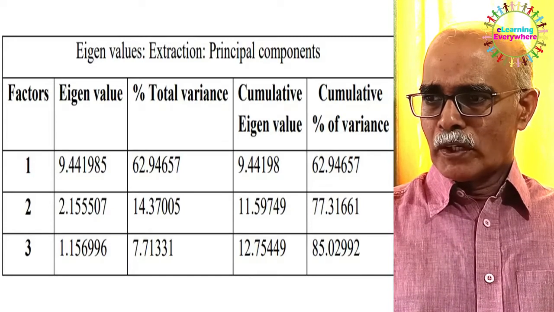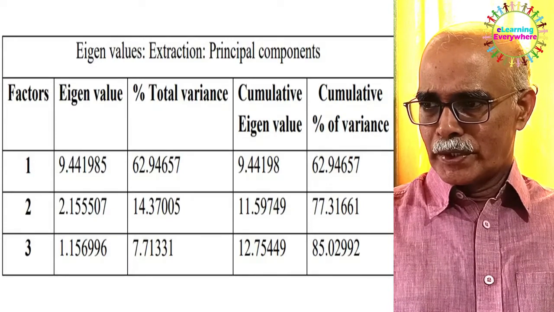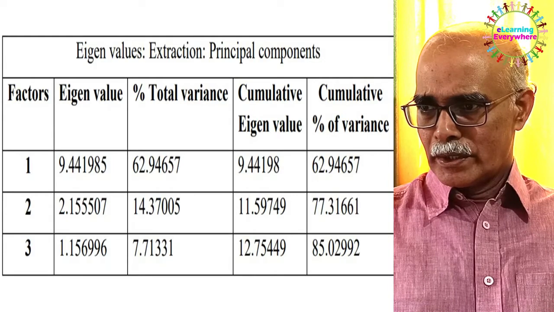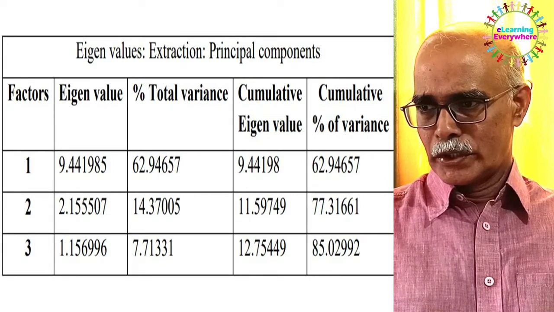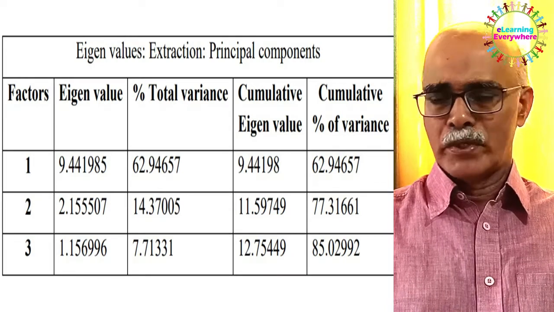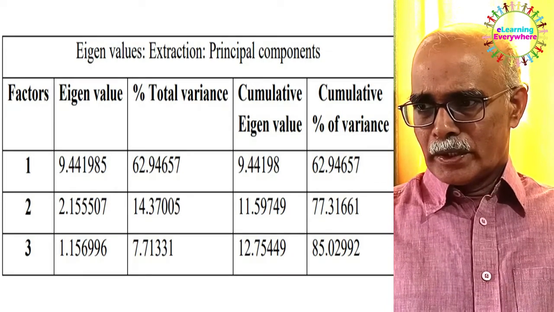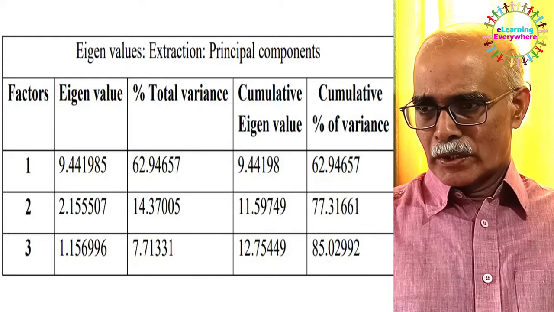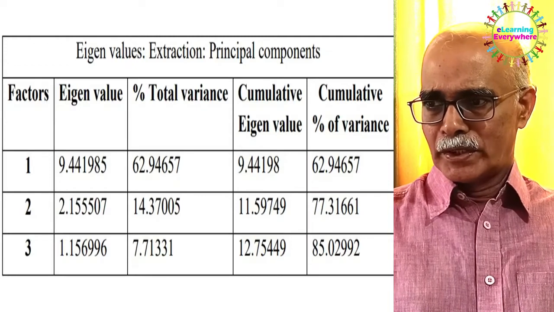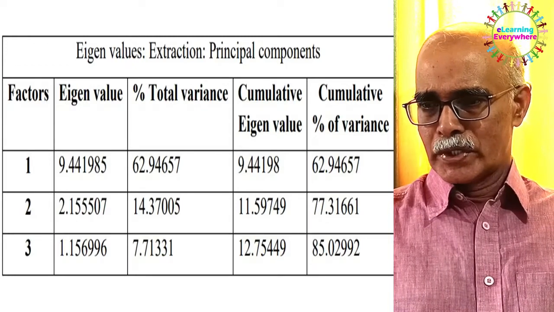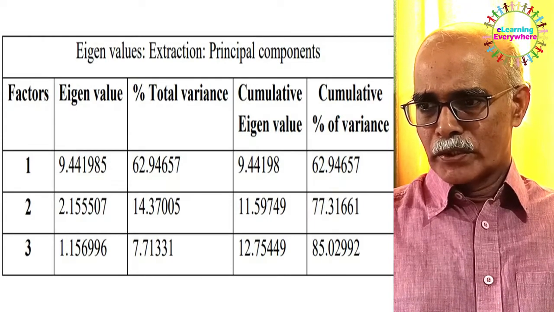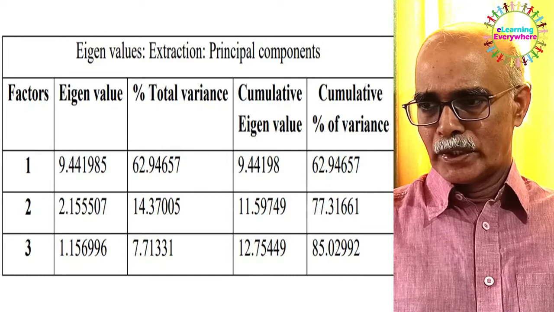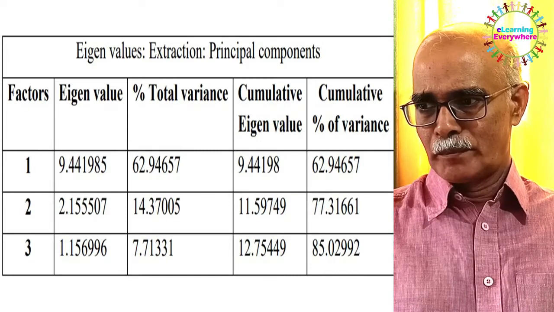The percentage of total variance contributed by the first factor is 62.95%. The percentage of total variance contributed by the second factor is 14.37%, and the percentage of variance contributed by the third factor is 7.71%.